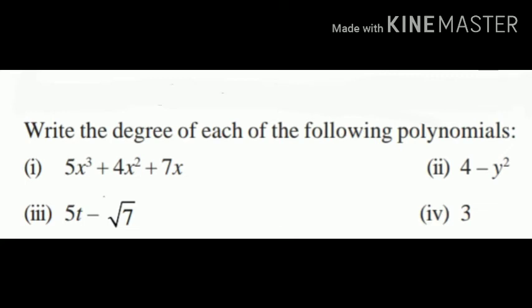In the third, the highest power of the variable is 1. And fourth, since there is no variable, we will consider that the power of the variable is 0, as we can write it as 3 into x raised to the power 0, and x raised to the power 0 is equal to 1. So the value of the polynomial is not changed, which is only 3.